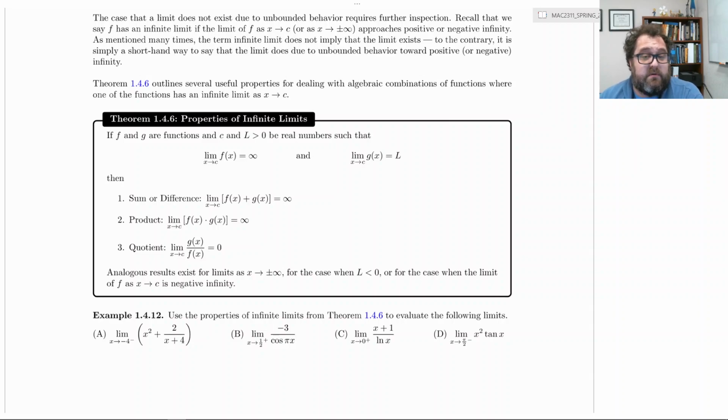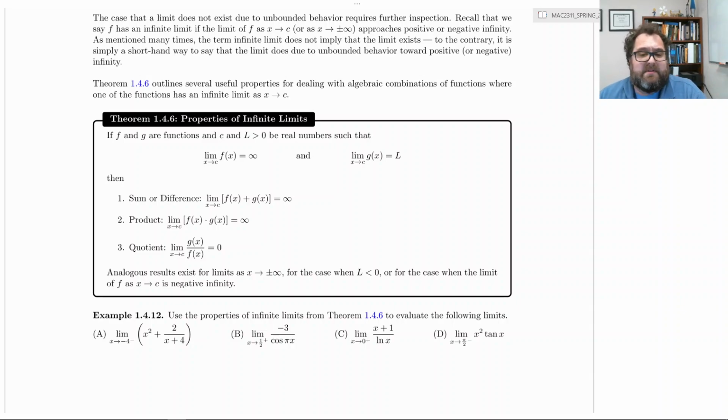If you add those two, you're adding a finite number to an infinite number. Well, infinity wins. The limit equals infinity. If you multiply a finite limit and an infinite limit, you get infinity again.